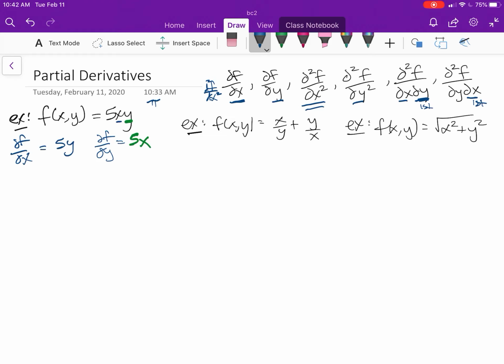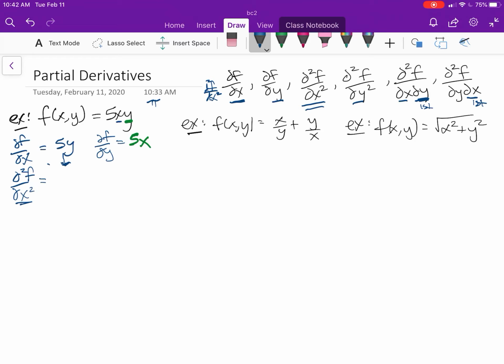Now, let's go ahead and do the second partial. I'm going to do it right below here because this says I need the partial of x, which we have, and then I'm going to use this result to get this result. So I'm looking now at 5y as my result, and I'm taking the partial with respect to x of that.